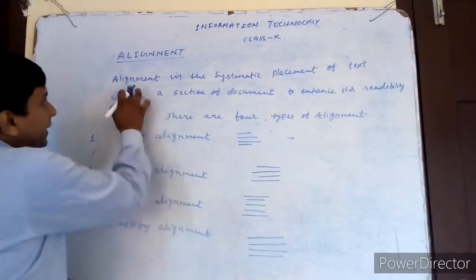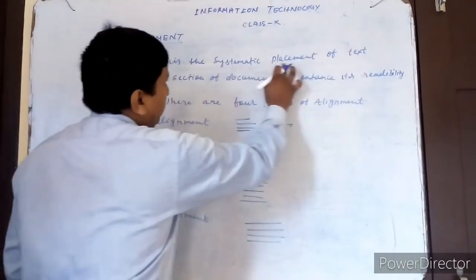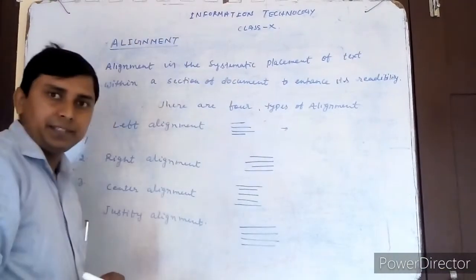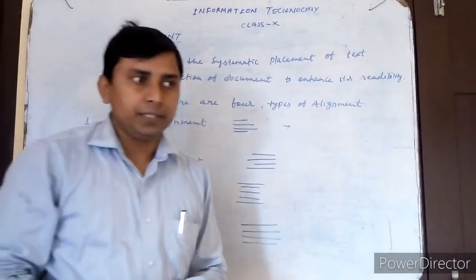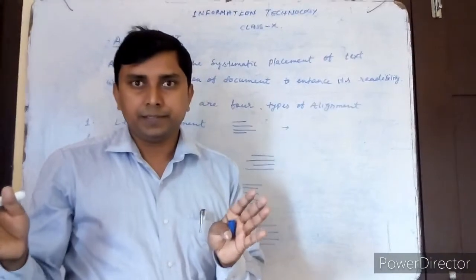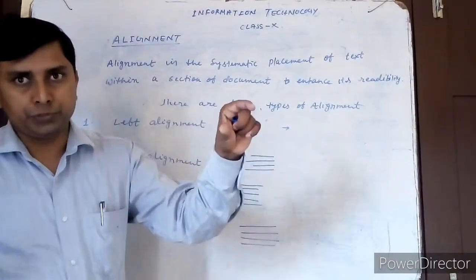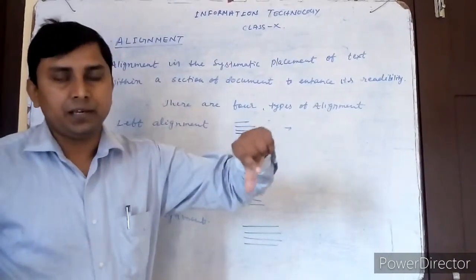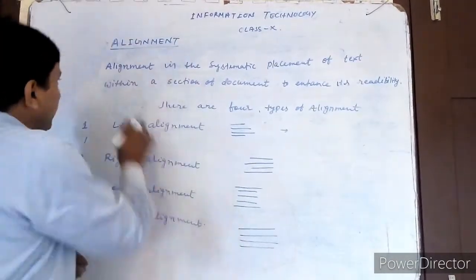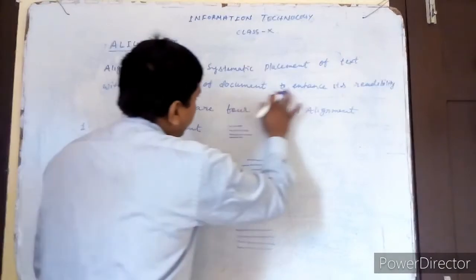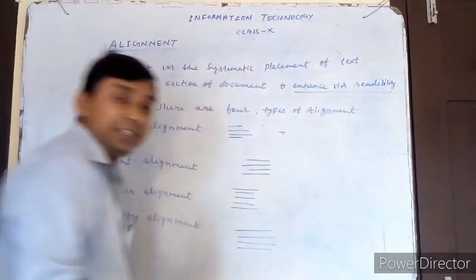Now let's see what we mean by alignment. Alignment is the systematic placement of text. That means if you write something, it follows some rules. How can you put the text in your documents within a section of the document to enhance its readability?